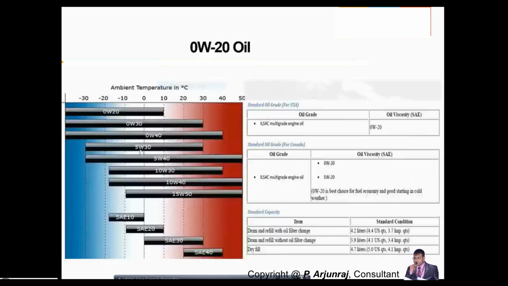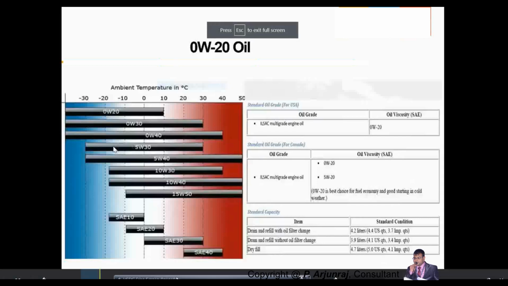And when I say 5W, the winter performance is going to be lesser than that of the 0W20.